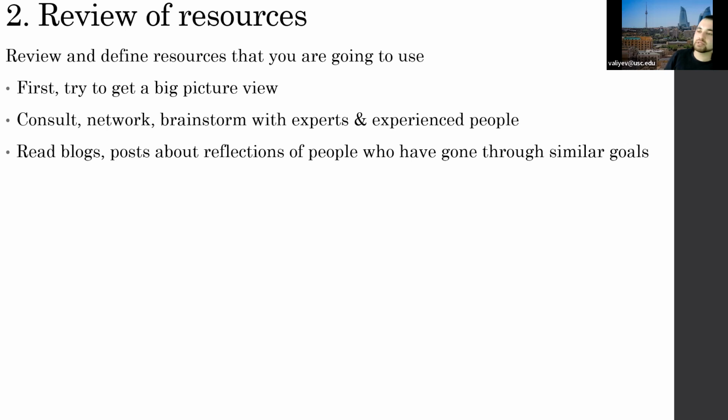For example, when some of the students ask me about the application process for US universities, I say, I made these mistakes, so you'd better avoid those. If I had had someone to help me while I was applying, I could have avoided those. So it's very important to find some experienced people and ask for their help.